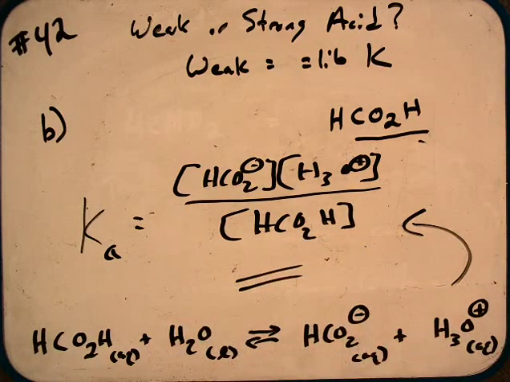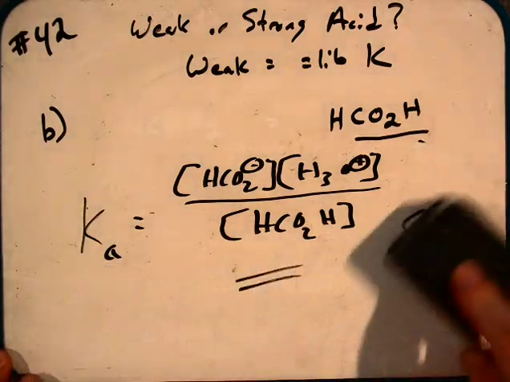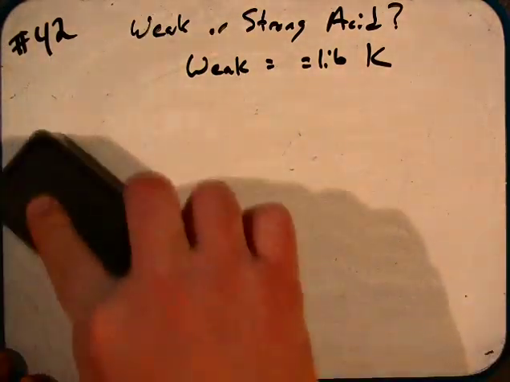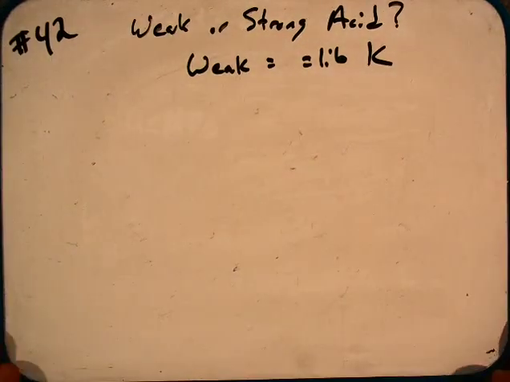And so that's our equilibrium expression. This is our equilibrium reaction. Again, H2O does not appear in the equilibrium equation because it is a pure liquid. So that's part B. Again, organic acids tend to be weak, and so this will be the equilibrium expression and equation that we would use to solve for concentrations or Kas or pH.